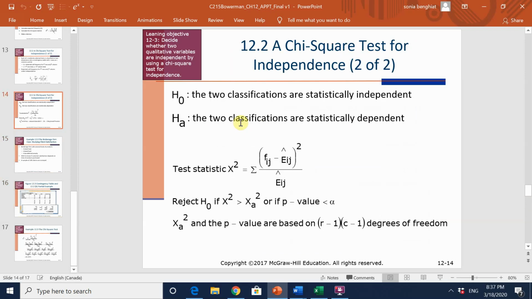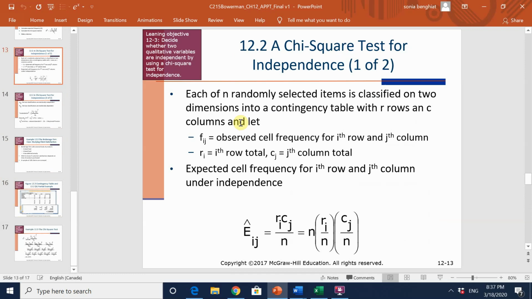So let's go back over here. The idea is that we will again be comparing the actual observed frequencies found in each of the cells in the contingency table versus the expected frequency count that should be appearing in each cell.